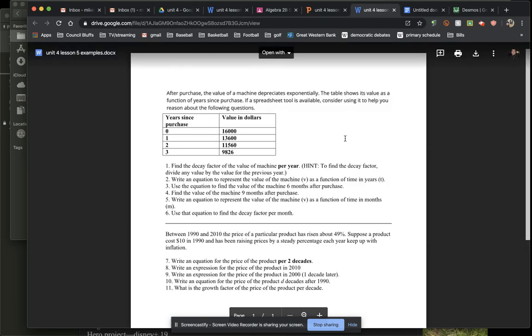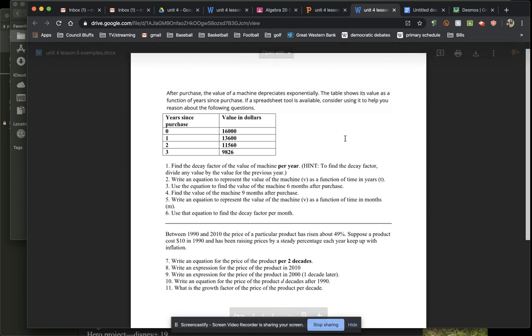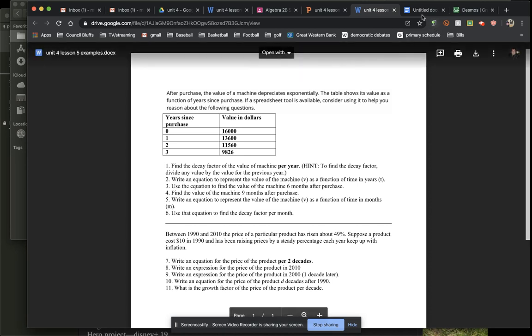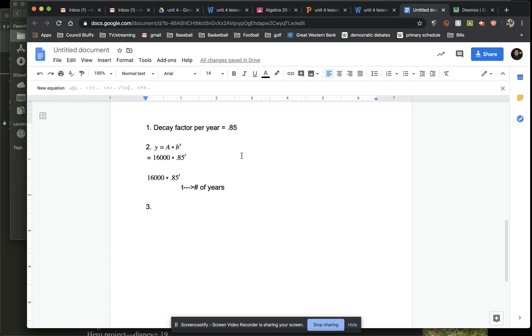Number three, use the equation to find the value of the machine 6 months after purchase. So in order to plug into that equation, I need to convert months to years. How do I do that?